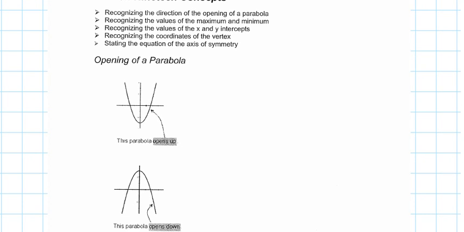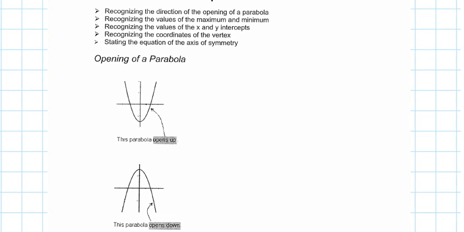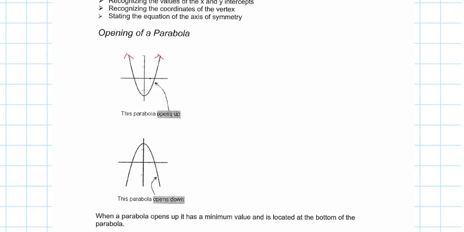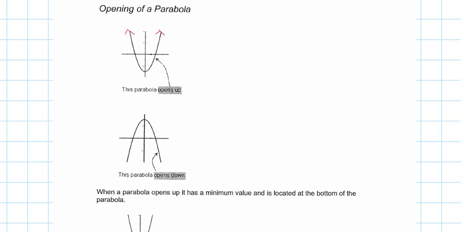So, if you look at this parabola right here, does it open up or down? It opens up. Yes? So this parabola opens up. And this parabola opens down. When a parabola opens up, does it have a minimum or a maximum value? So it goes down and then goes back up.